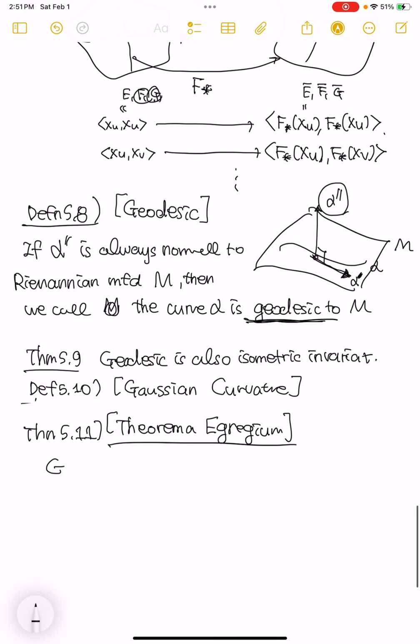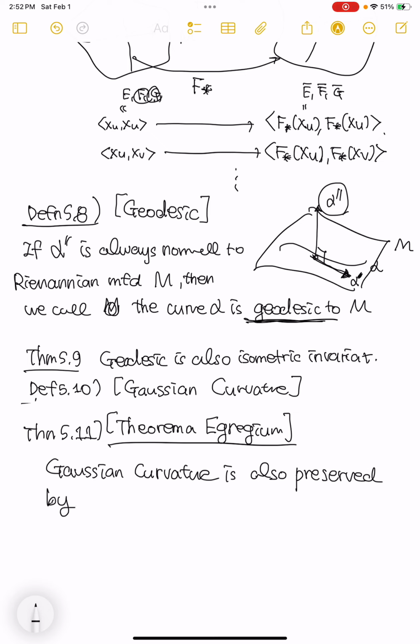What is this? Gaussian curvature is also preserved by isometry.